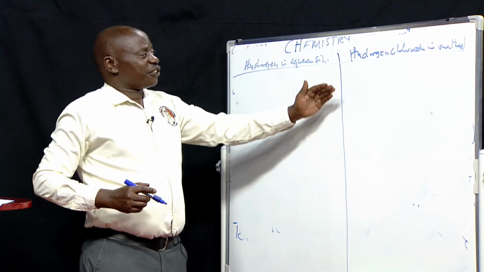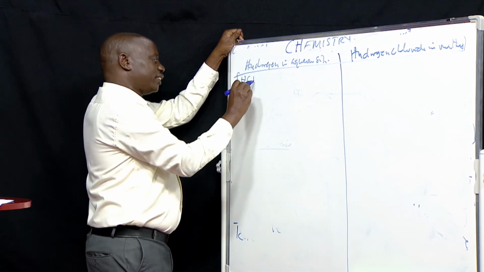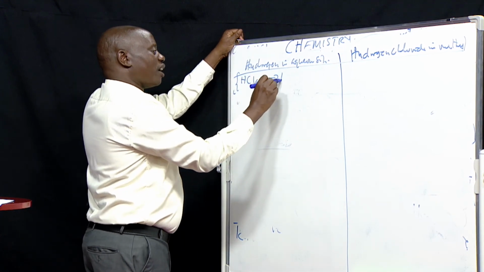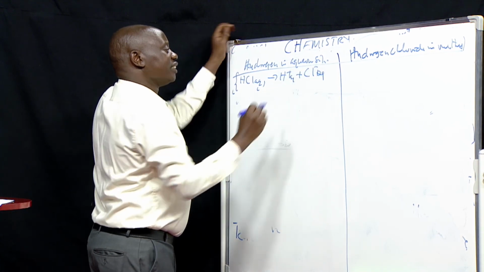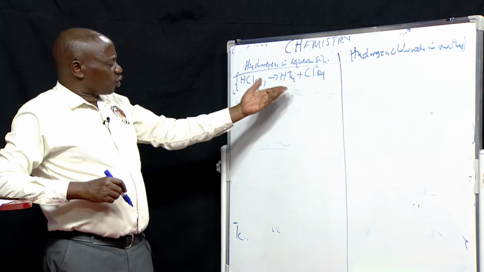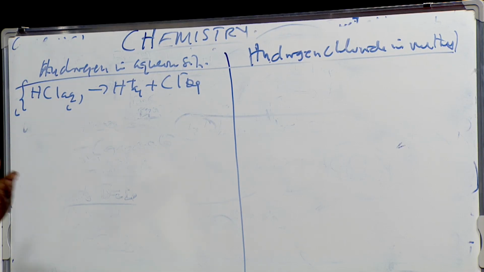The properties are different. Why? Because here the hydrogen chloride dissolves in water to form hydrogen ions and chloride ions. And it is due to this reaction that hydrogen chloride in aqueous solution behaves like an acid or like an ionic compound.